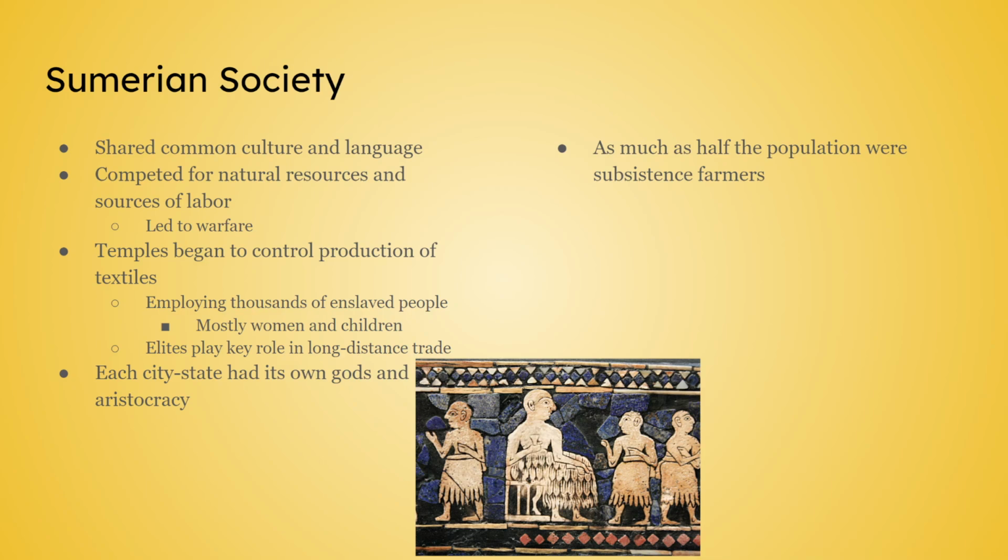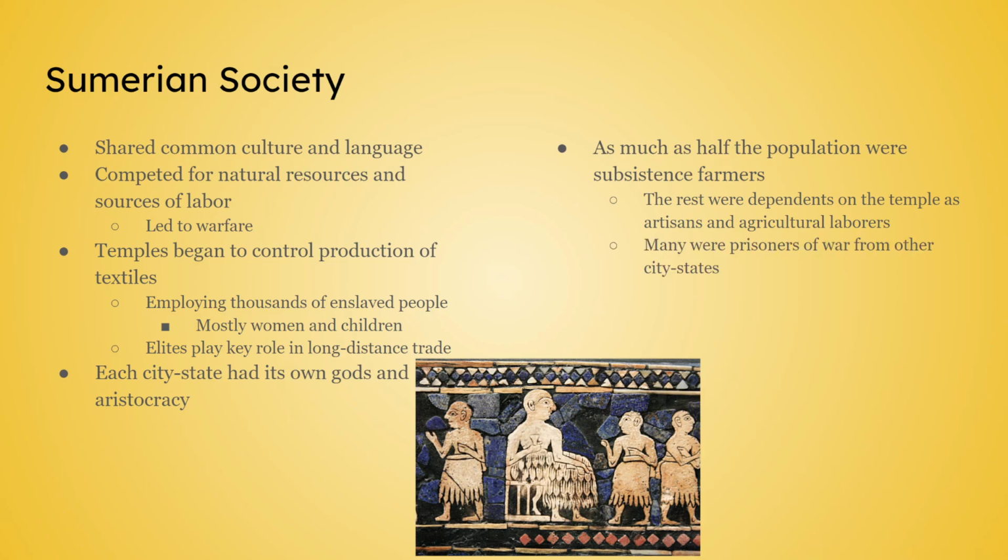As much as half of the population of Sumer were subsistence farmers, which means that they farmed to sustain themselves and no more no less. The rest of these people were dependent on the temple as artisans and agricultural laborers to create surplus for the city.